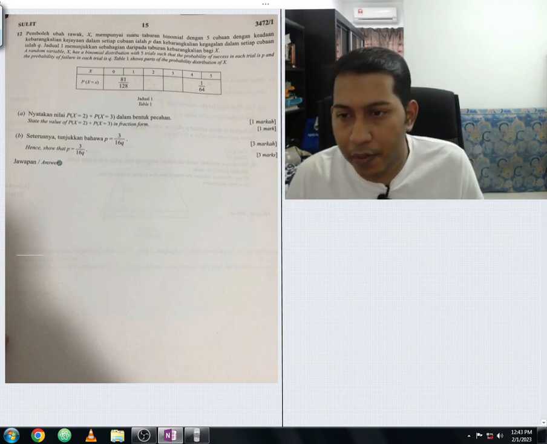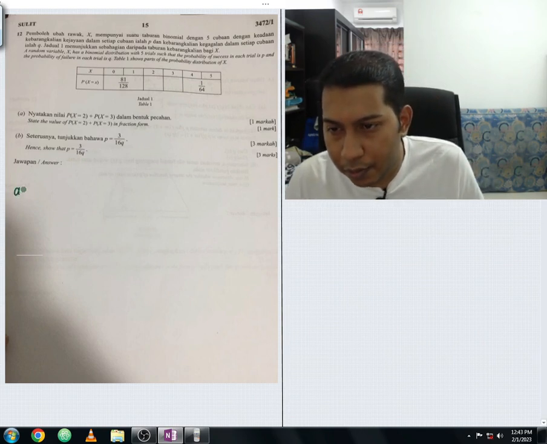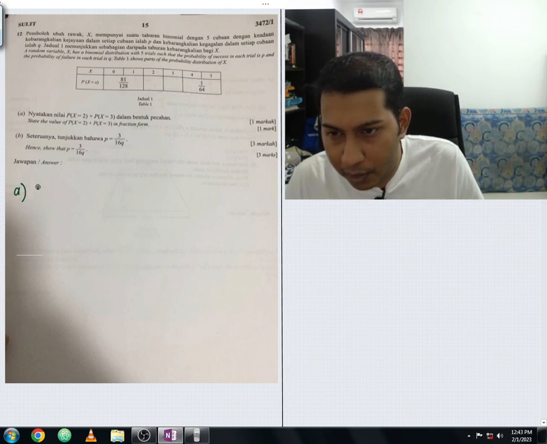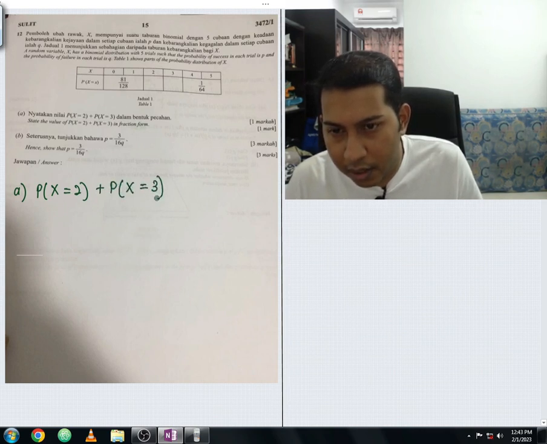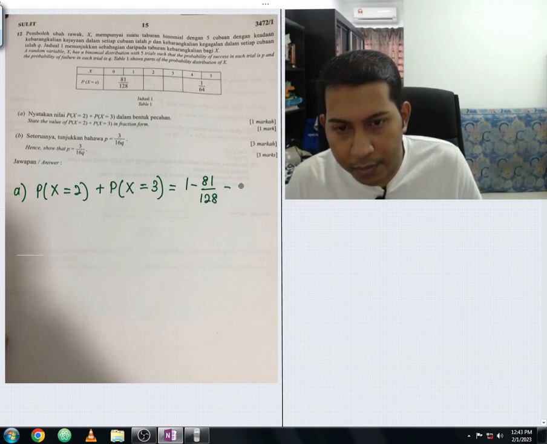So from here, to find A, probability of x equals 2 plus probability of x equals 3 is equal to 1 minus 81 over 128 minus 1 over 64.